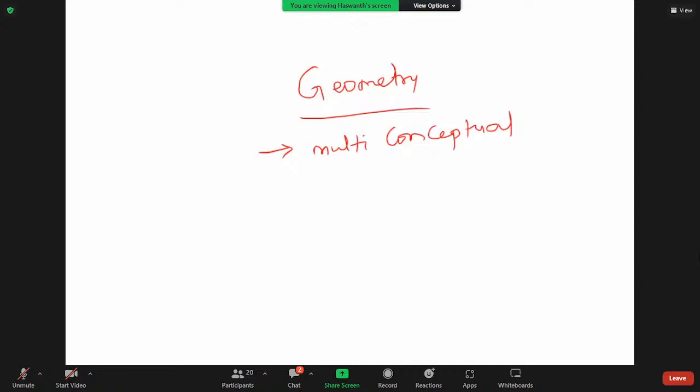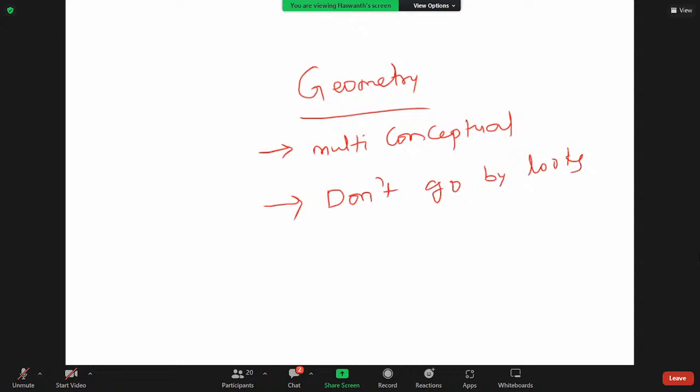One more important point which you have to keep in mind while solving these problems in geometry is: don't go by the looks of the figure. The looks of the figure means here figures are not drawn to scale. As the figure is not drawn to scale, you cannot simply go by the looks of it. If some information is given in the question, use it.